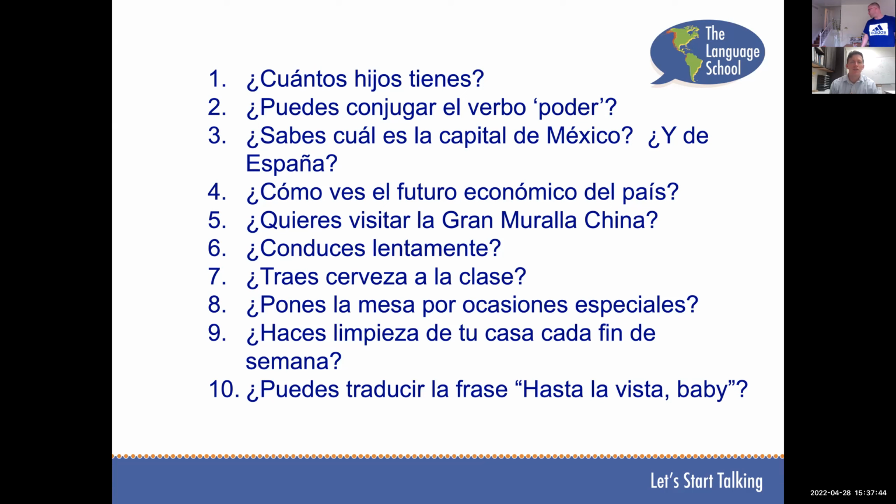¿Cómo ves? Veo el futuro económico de los Estados Unidos mal. En este momento. Sí. ¿Quieres visitar la Gran Muralla China? Sí, quiero visitar la Gran Muralla.